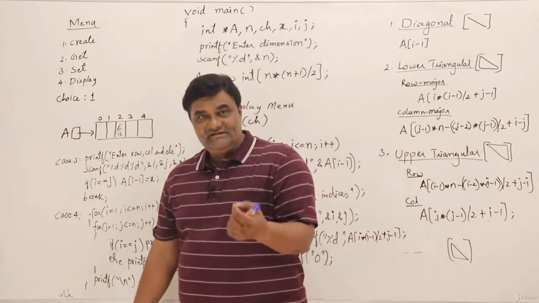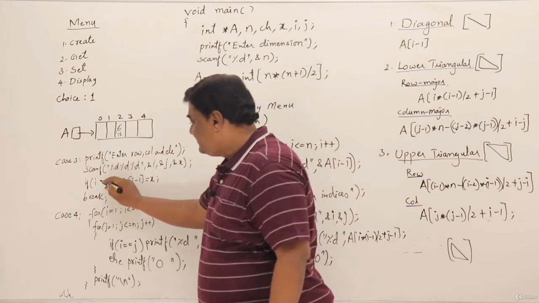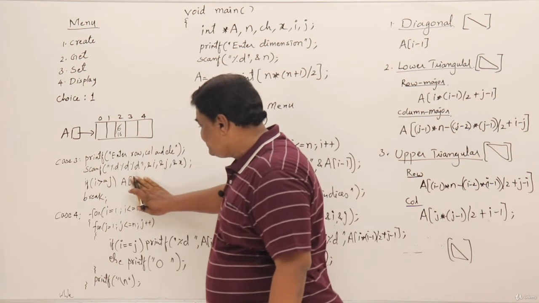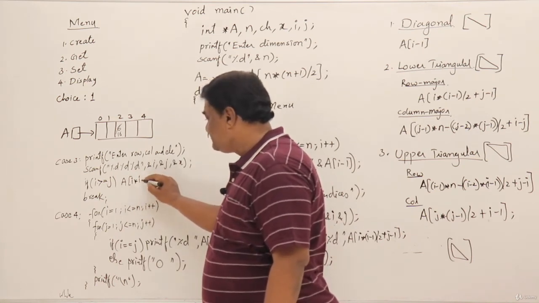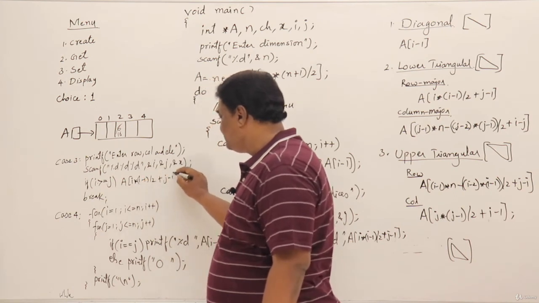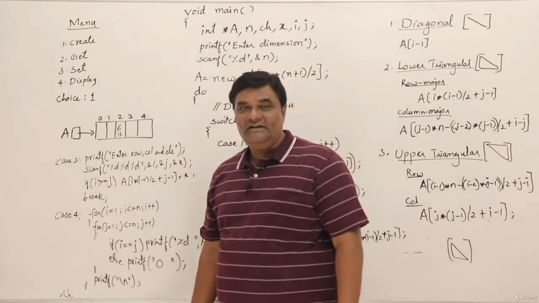Then if you want to change an element at a given index, then this is for set. Then here also, if i is greater than or equal to j, then from where I should change the value? So I should change the value at i into (i-1)/2 plus j minus 1, assign x. This is how I can change the value.